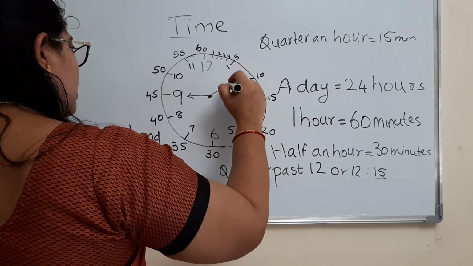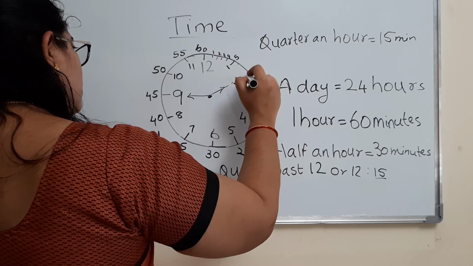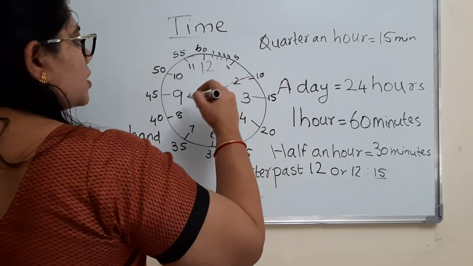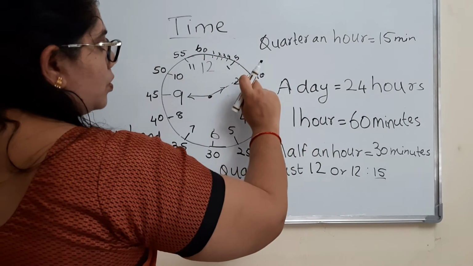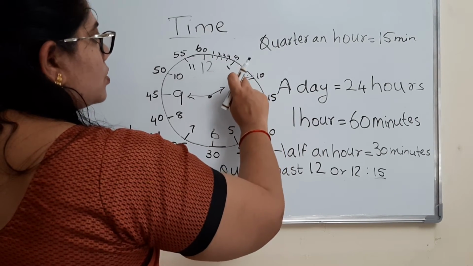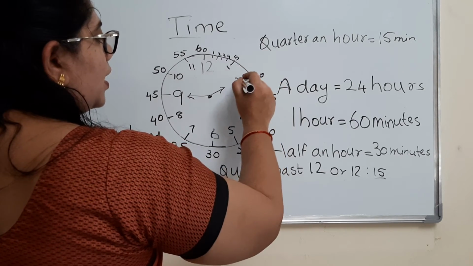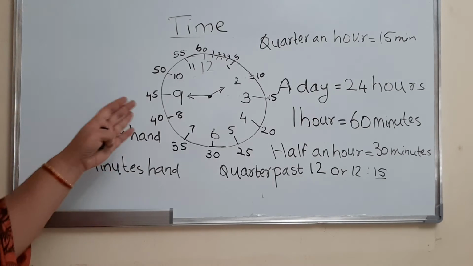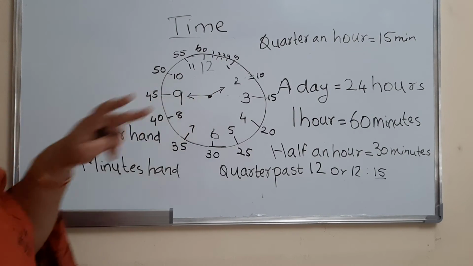It is not exactly 2. It will be close to 2 but not exactly 2. Why did I draw this dotted line? To show that it is not exactly 2. It is close to 2 only. If it were pointing at this line, we could say it is 2.